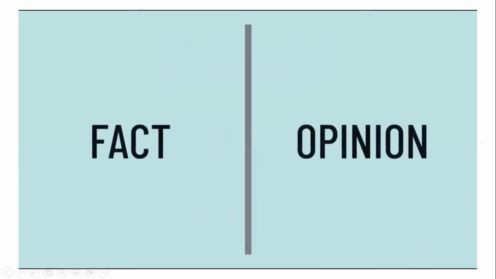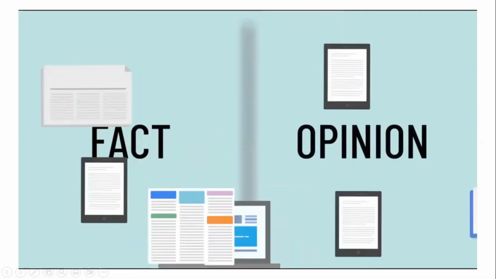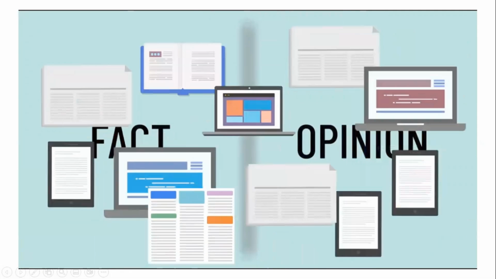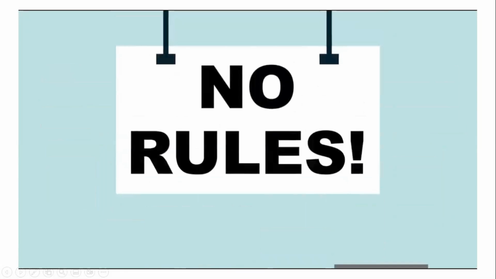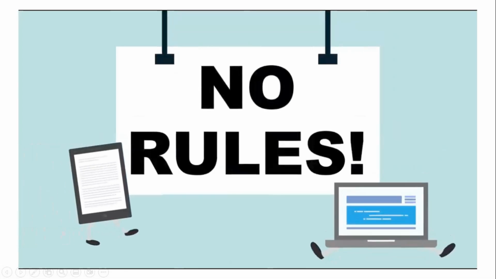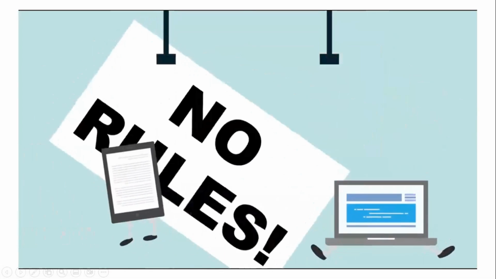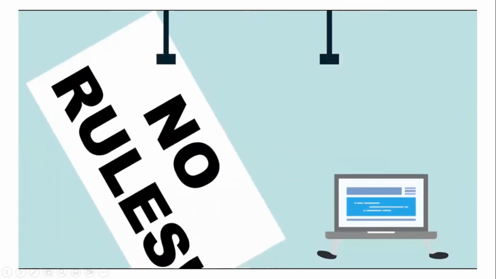But over the years, the internet has helped blur the line between fact and opinion in the media. Now there are virtually limitless sources creating content online, and terms like editorial and op-ed have all but faded away. There's also no vetting process or authority that requires anyone to mention if their online content is fact or opinion.